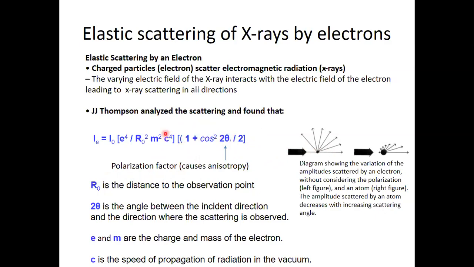Without that polarization factor, the intensity of the scattered X-rays would be equally strong in all directions. But because of that polarization factor, it is not. In fact, the intensity actually declines with increasing 2 theta value, as indicated here.